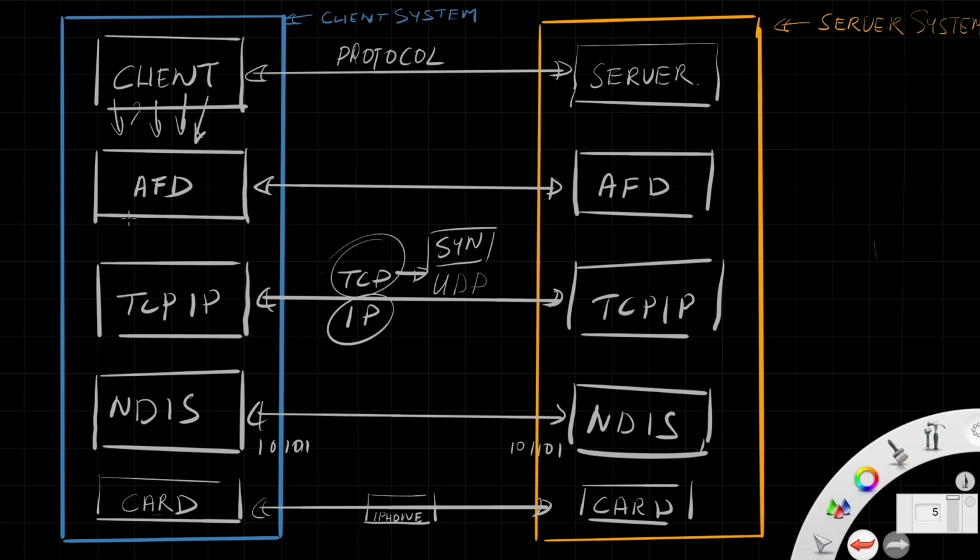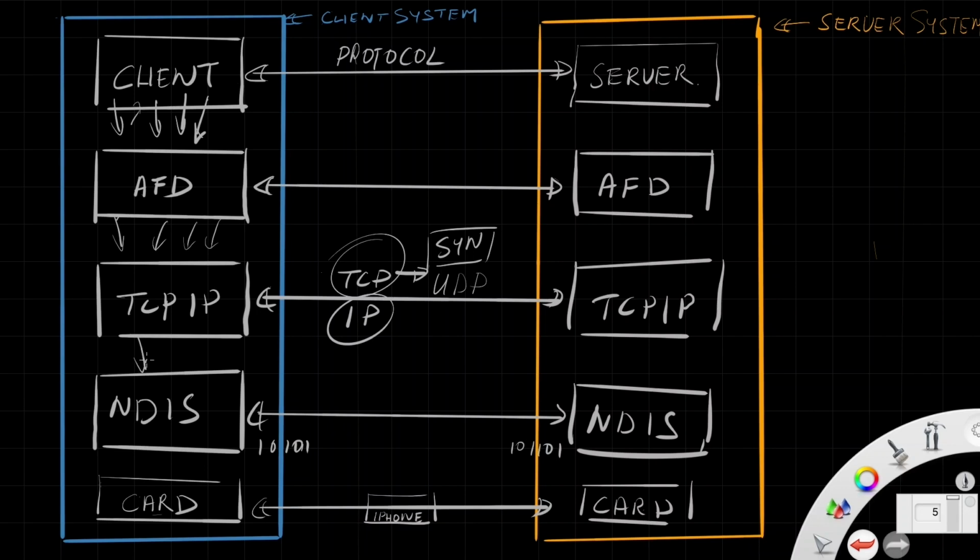Like that, TCP/IP can handle any number of AFDs from different programs. So all the SYN packets from different programs come into TCP/IP. It can handle all of those, just like the warehouse has a lot of boxes to different destinations. TCP/IP gets all kinds of packets to different destinations.